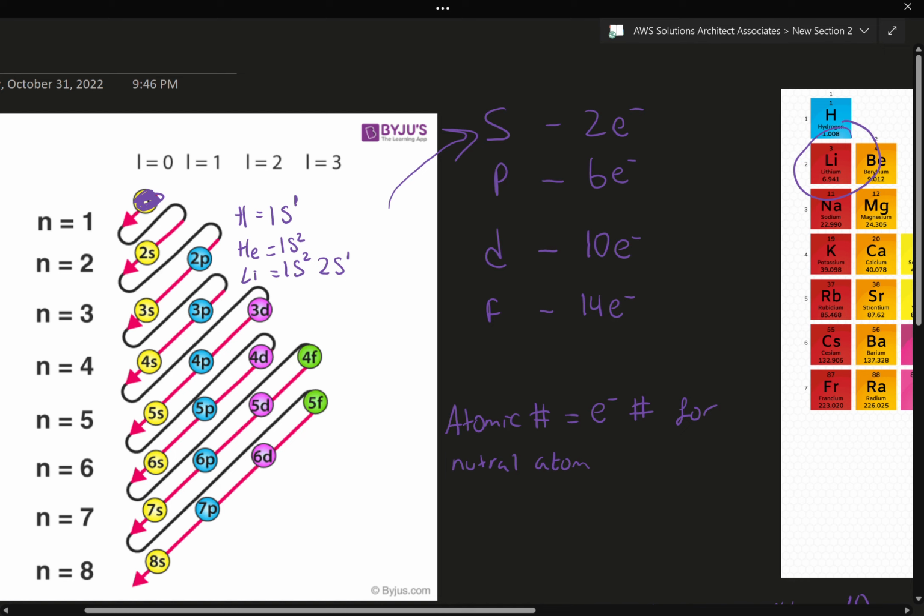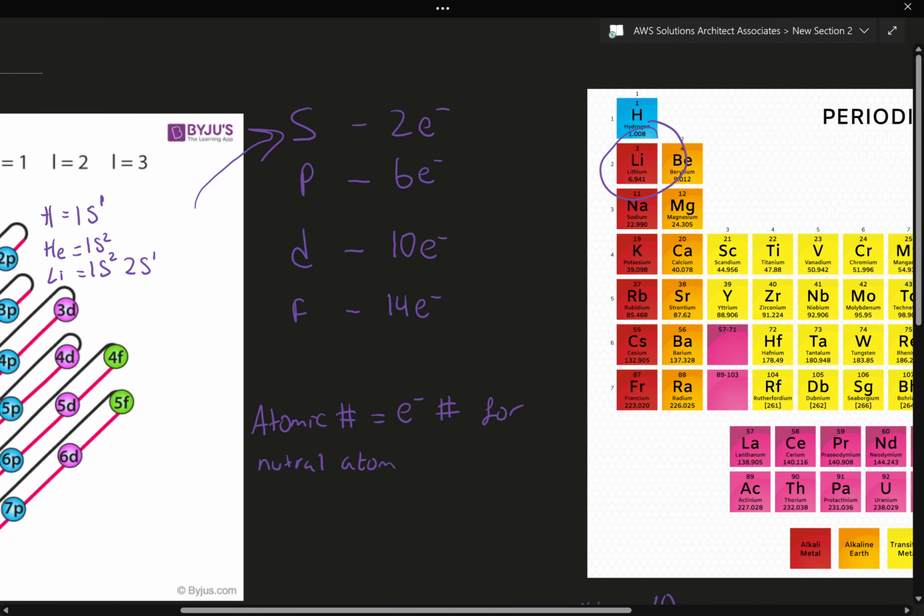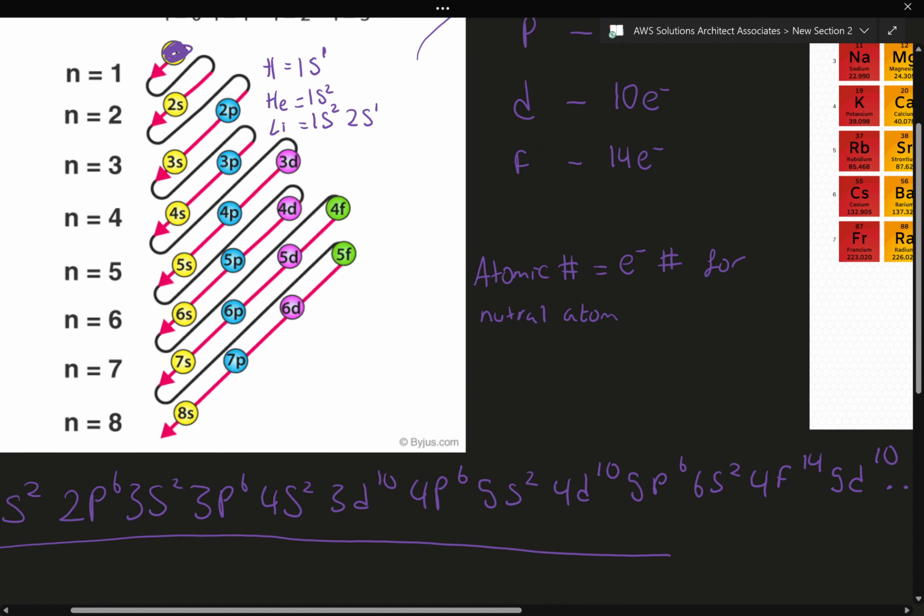And then let's do the electron configuration of calcium. To do this, you need to know how many electrons calcium has, and calcium has 20 electrons. So we're going to do this all the way till we reach 20 electrons. We're doing the electron configuration of Ca, calcium. We're going to start off with our 1s.